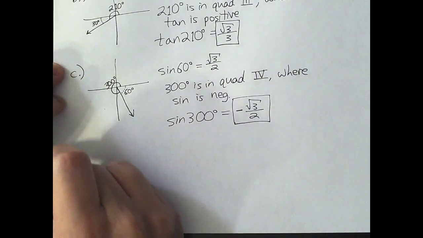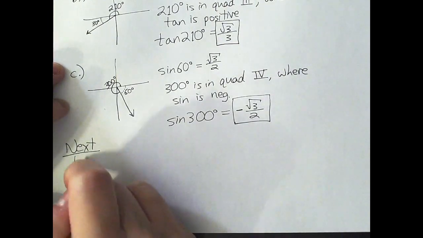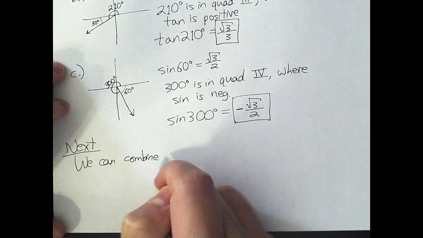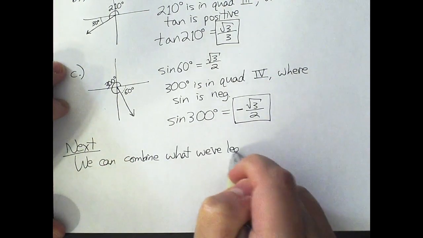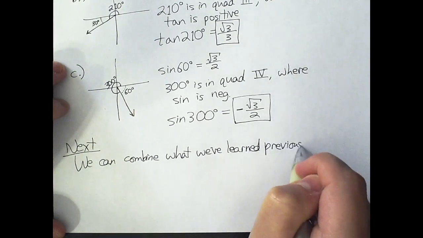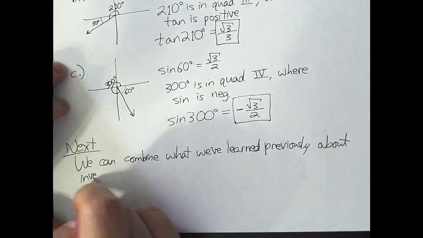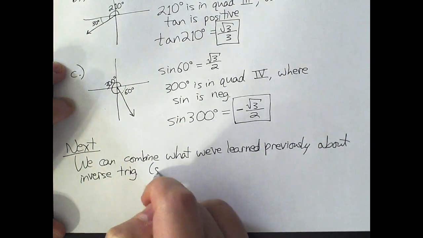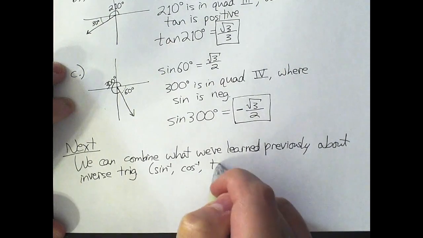Here's what I'll say. Next, what are we going to do in this section? I'm going to say we can combine what we've learned previously about inverse trig. Inverse trig, I'm talking about inverse sine, inverse cosine, inverse tangent, right?